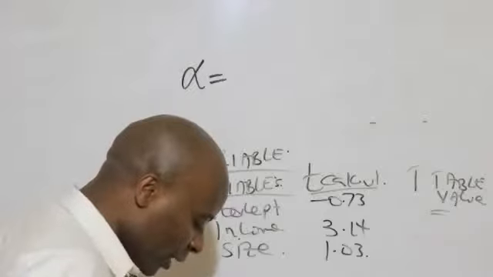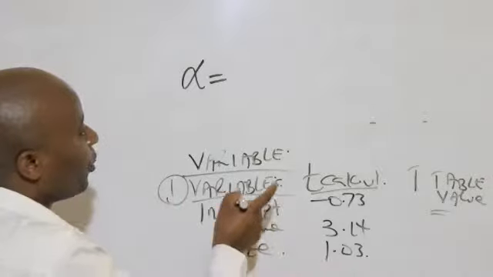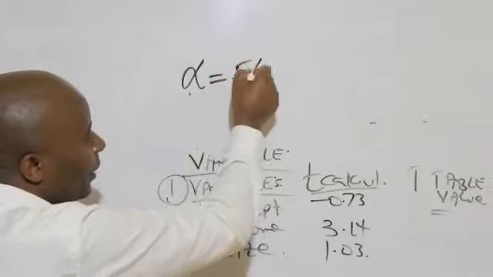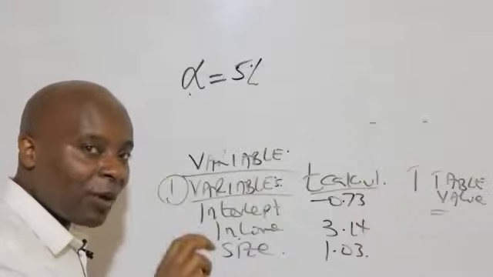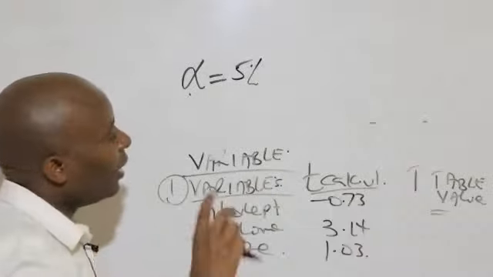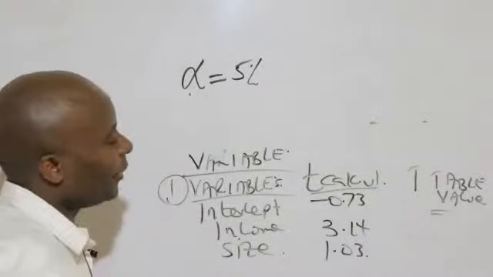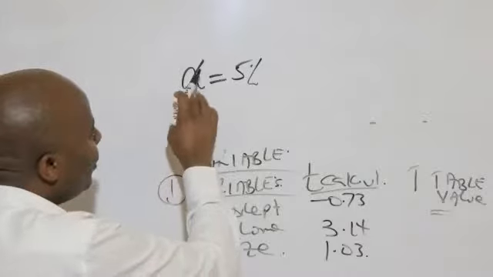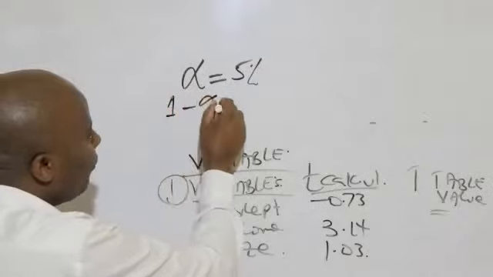Whenever confidence intervals are given, you can easily get the level of significance. So in this case, the level of significance is 5%. Remember that 5% is our default. Whenever level of significance is not given, always assume 5%.